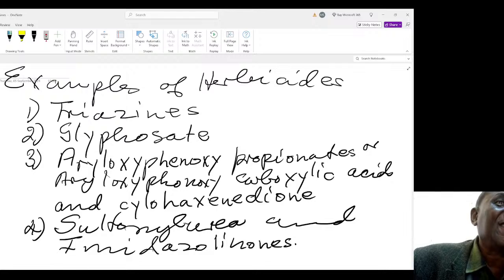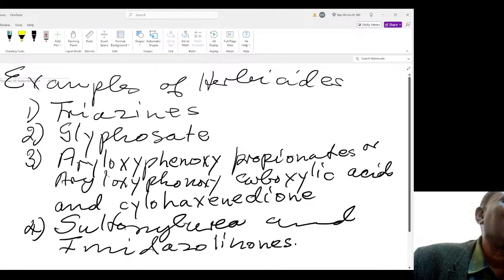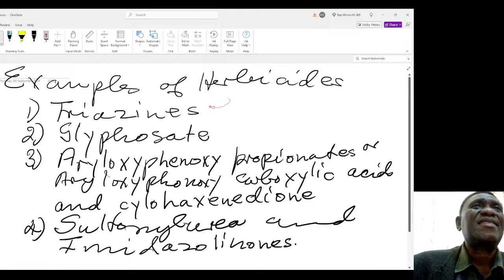Let me change the color because I want to start with the atrazine. Right.